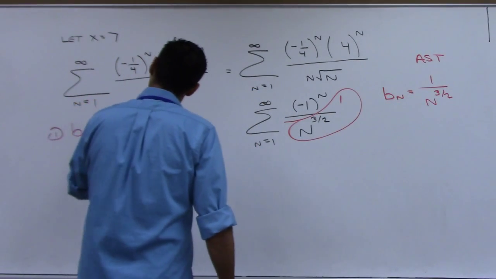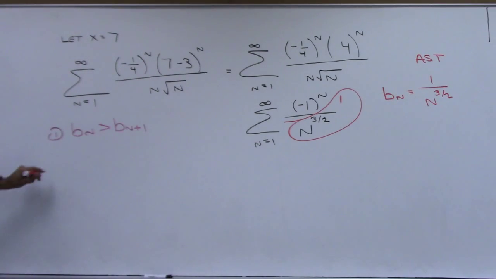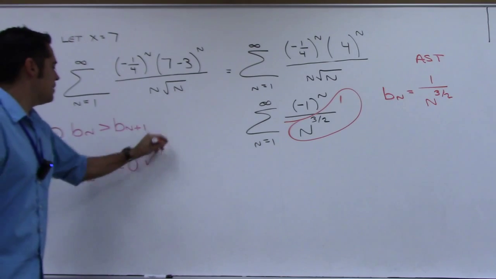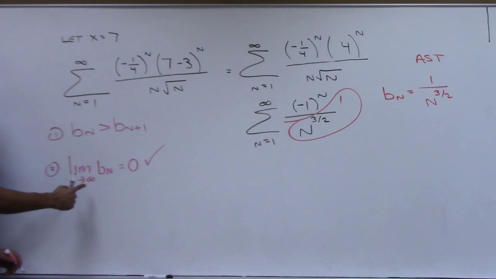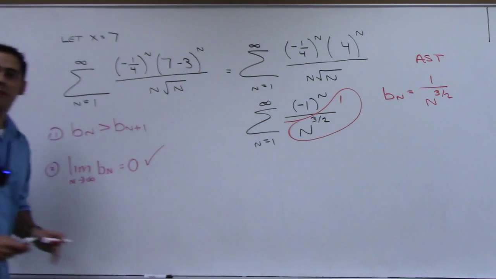Decreasing, and the limit of that goes to 0. Does the limit of that go to 0? Yeah, I'm going to do that just by visual inspection, right? We all agree, yeah? That goes to 0 as n goes to infinity. So let's just show the decreasing part.